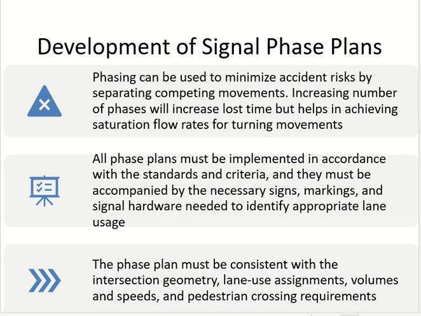With the phasing plan, you may have to design the signs and markings and the lanes of the signal as well. So the intersection design, we call it the furniture, the accessories, whatever you want to call it, the other items which you have, should be according to the phasing plan.